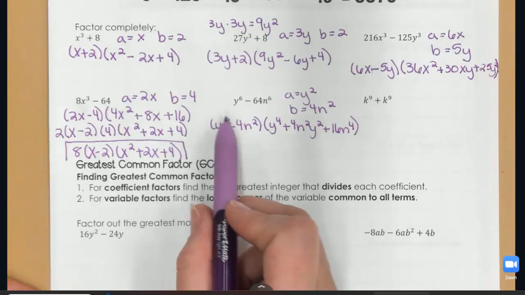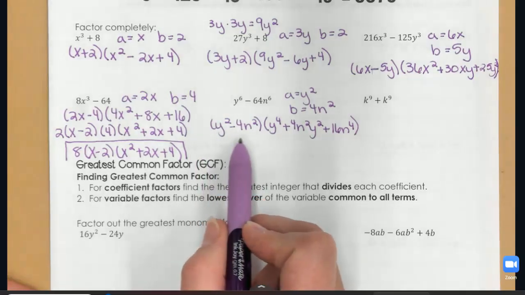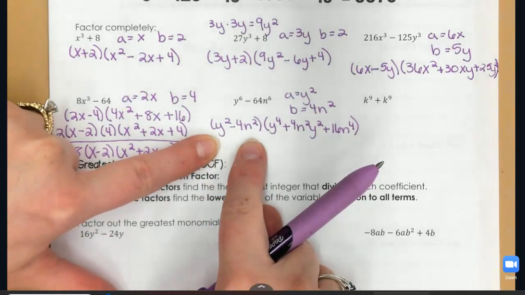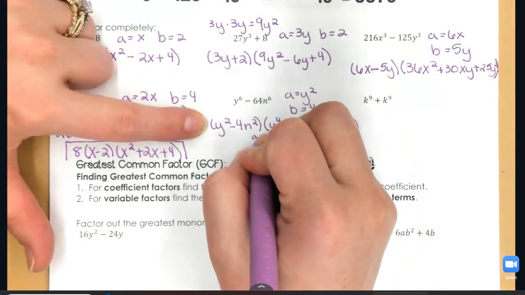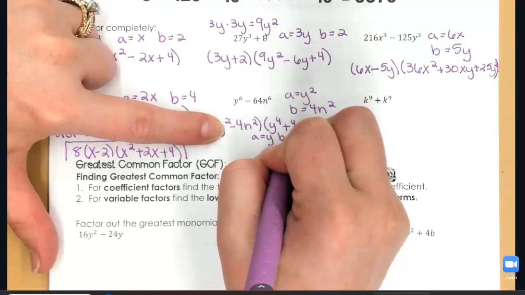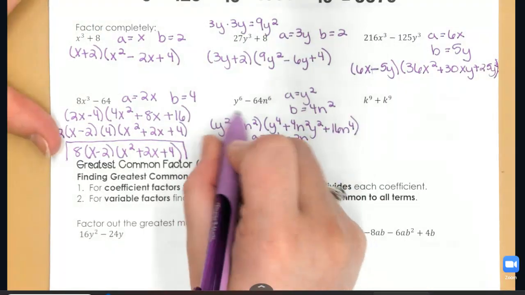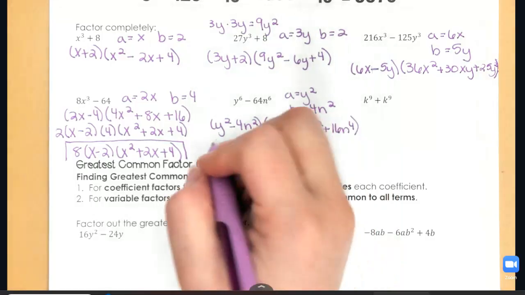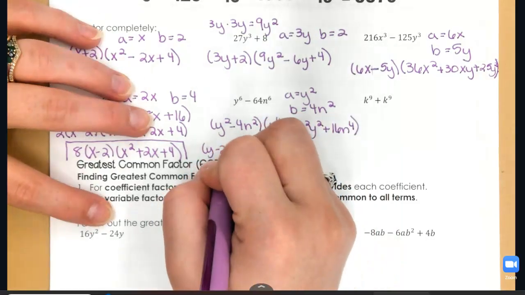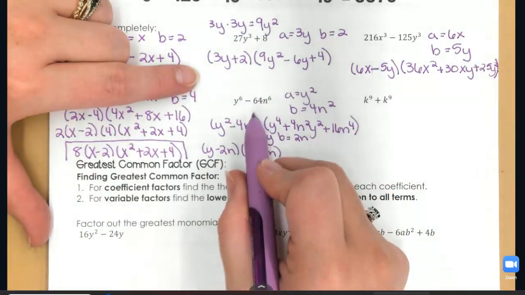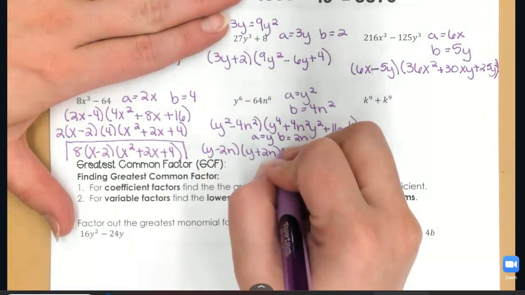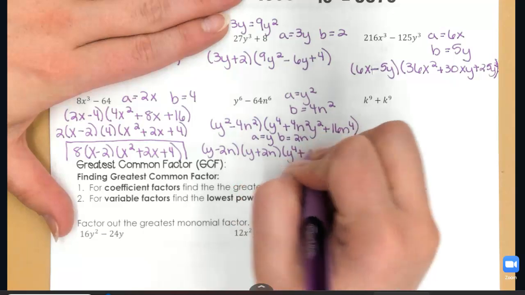And then if I look very closely, my first parentheses now is a difference of two squares, which factors to a minus b times a plus b. So for that one, a would be y, and b is 2n. So my first parentheses, I can expand further: y minus 2n, y plus 2n. And then that second parentheses from our first factorization just becomes your caboose at the end. It doesn't go away.